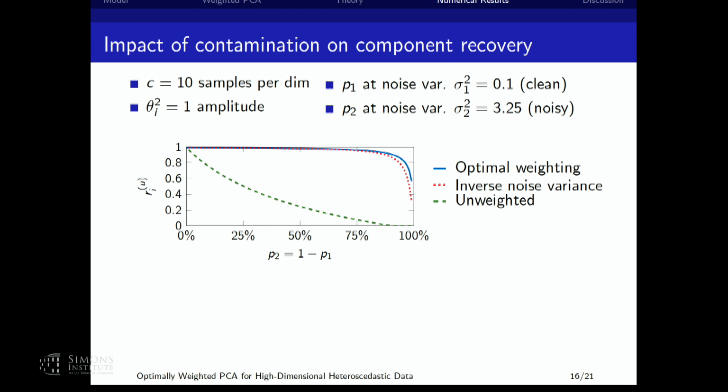So it's significantly higher than the component amplitude. And in this case, you can see that the recovery for both inverse noise variance and optimal weights is much, much better than PCA. Of course, that's intuitive because we know PCA is not robust to outliers. And in this regime where we have many, many of the noisier points, the optimal weights do slightly better because they downweight those noisy points much more aggressively.